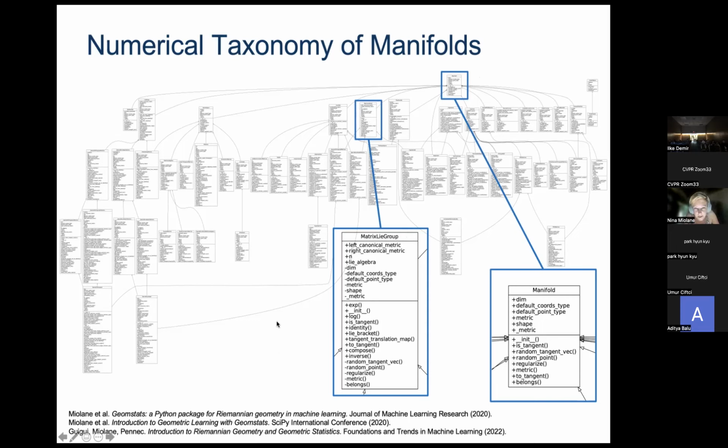So for example, there will be somewhere in there the special Euclidean group that we just used, which would inherit from matrix Lie group, because it's a special type of matrix Lie group. And again, matrix Lie group itself inherits from manifolds. So with this project that started with representing shapes and doing statistical learning on shapes, we actually ended up creating a computational representation of differential geometry.